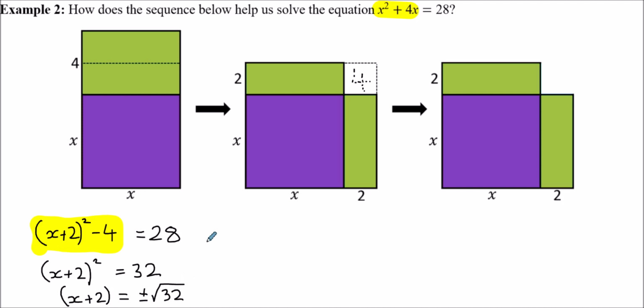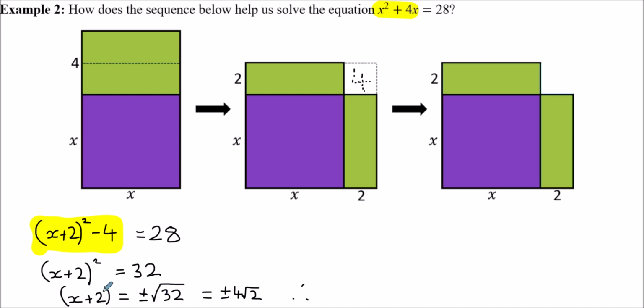Now, if you remember back to the previous chapter, can that surd be simplified? Is there any factor of 32 that's also a square number? Yes, there's a few actually. The biggest factor of 32 that's a square number is 16. So we can rewrite this as being plus or minus root 16, which is 4, plus or minus root 2. So root 32 is the same as 4 root 2.